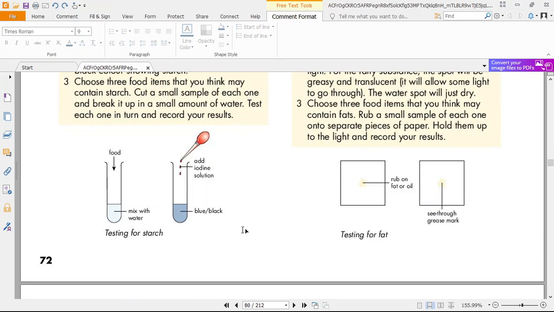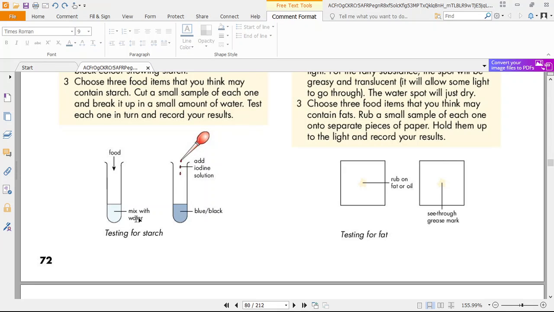Now the test for starch. You have your food substance, like your crackers, your biscuit or your bread, mix it up in some water and shake it up. Then you take some iodine. It's the same iodine that they use to treat wounds at the hospital or the clinic.